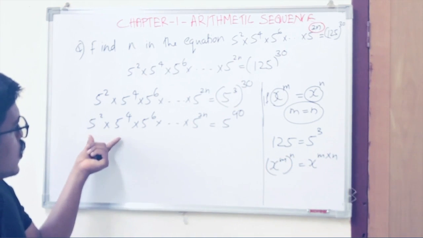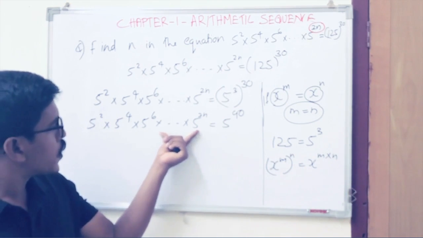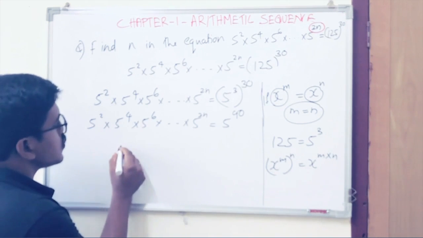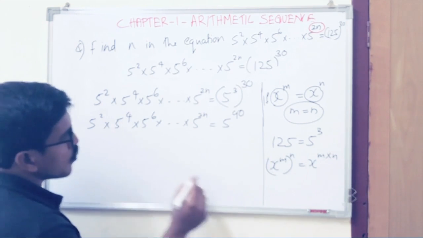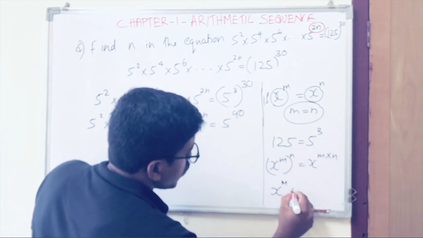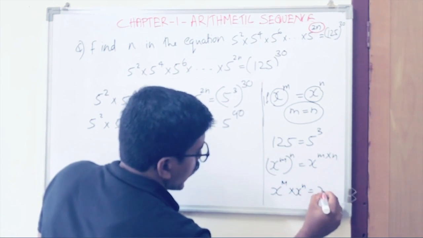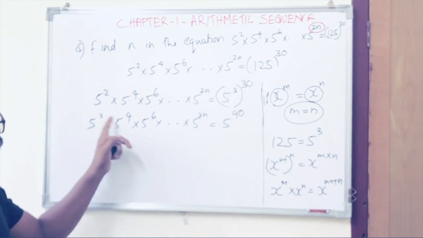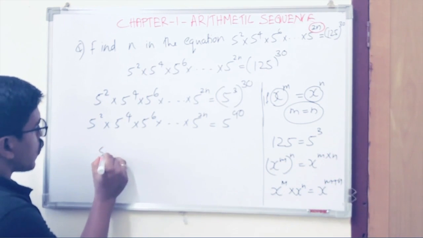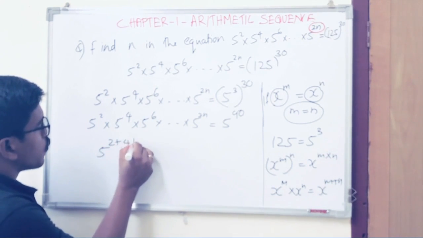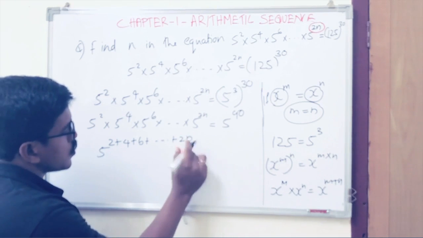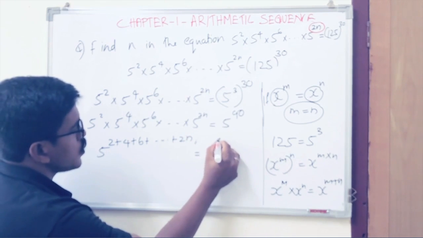See here, the base numbers are same on the left and right side. So that we can equalize the powers. Before that, all of you know x raised to m into x raised to n is x raised to m plus n. We can add the powers here. That is 5 raised to 2 plus 4 plus 6 plus etc. plus 2n is equal to 5 raised to 90.